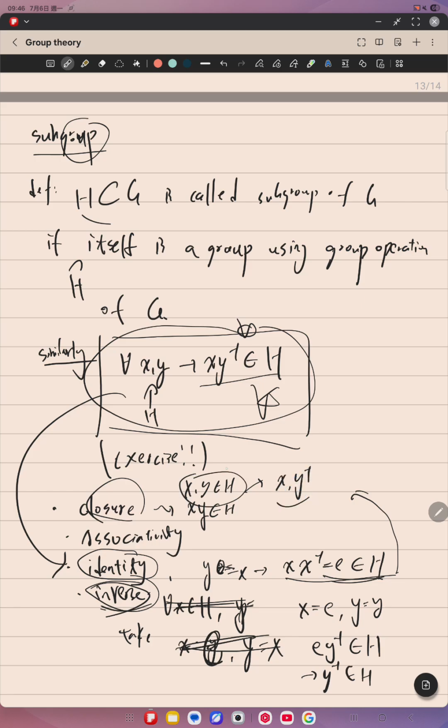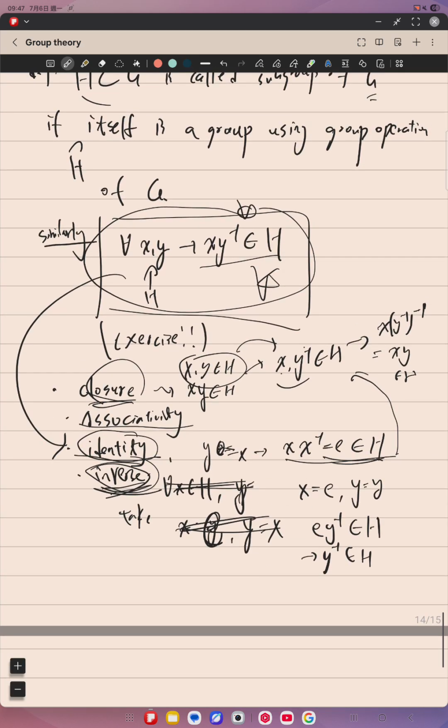If you give me any x and y, then y inverse is in H by the inverse condition, and using the condition again, x times y is in H. So closure is true, identity is true, inverse is true, and associativity is already true because H is a subgroup of G. Obviously, if H is a subgroup, then this condition is true.